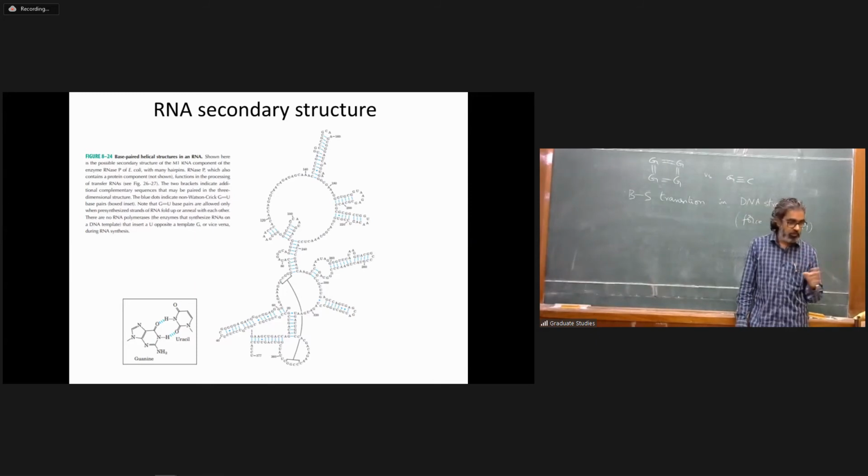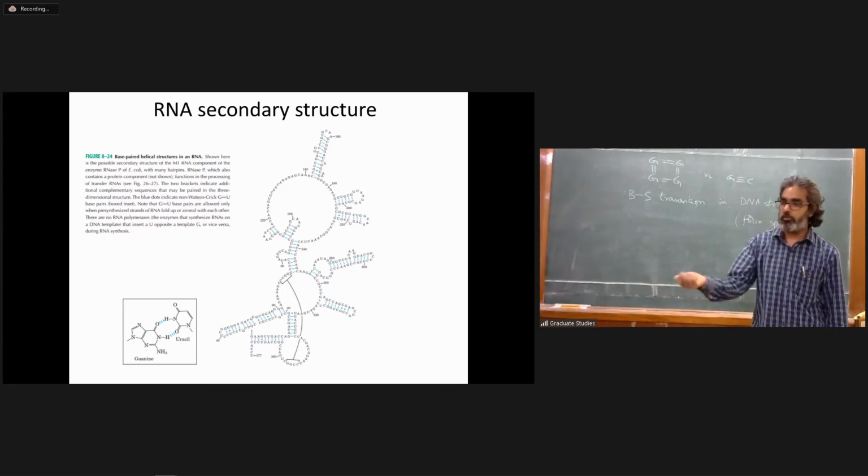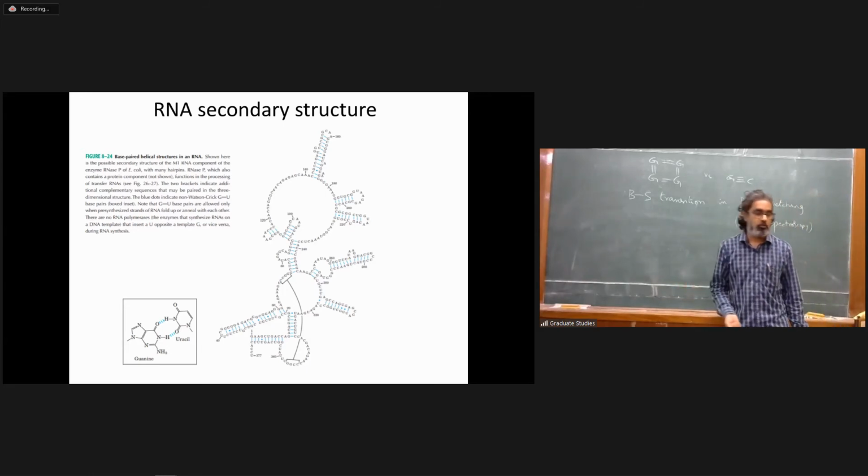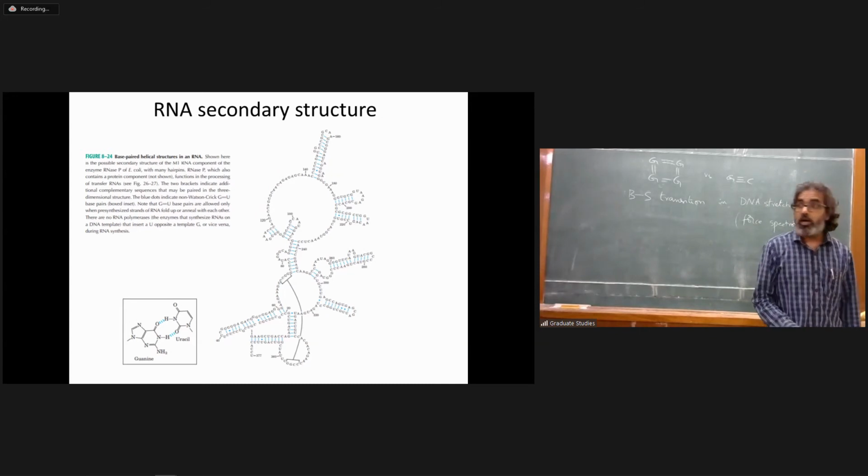So DNA structural biology is mostly known, except, let's say, triple helix or quadruple helix, even about which we know a lot. But what happens to RNA?